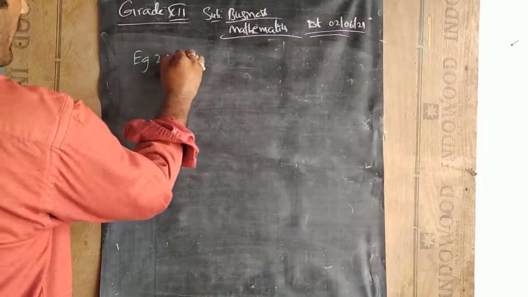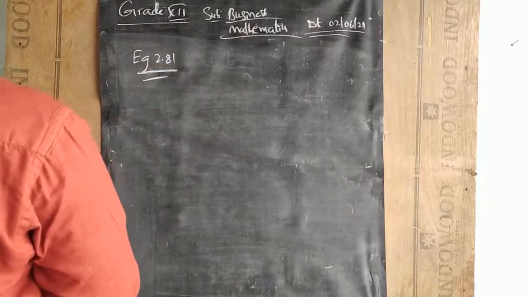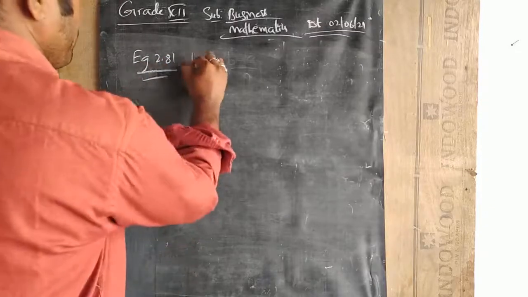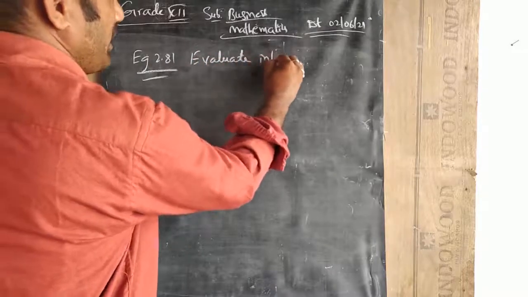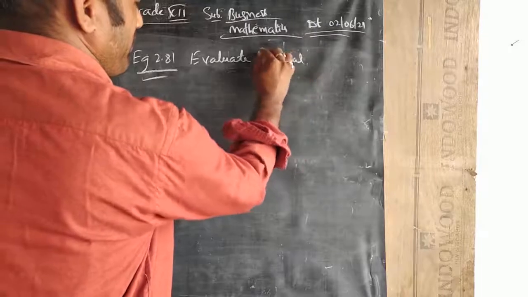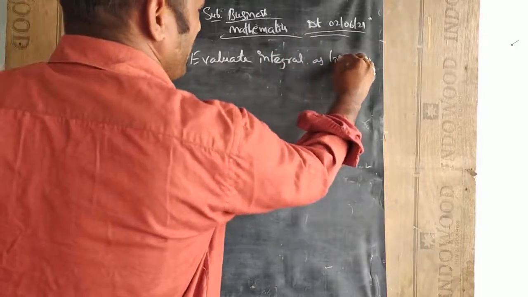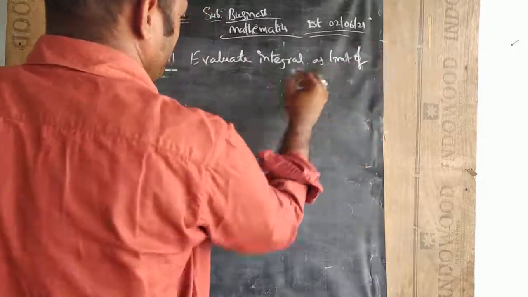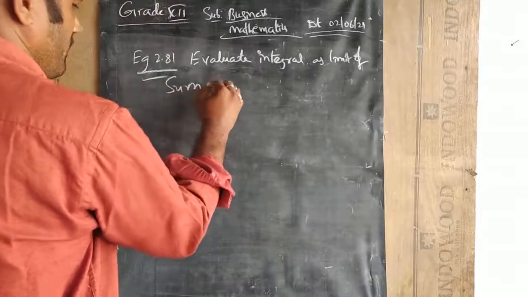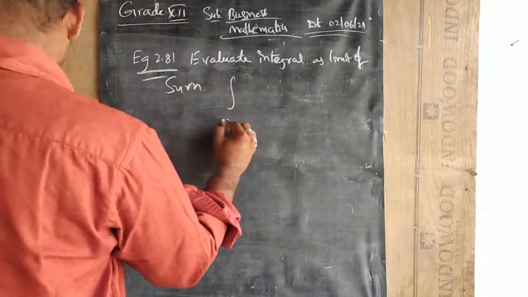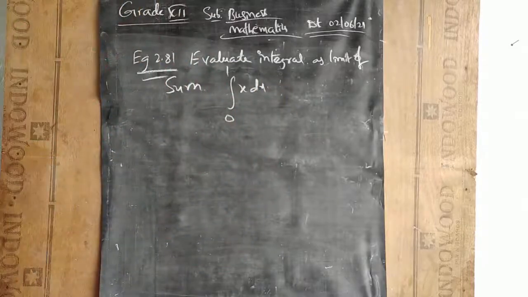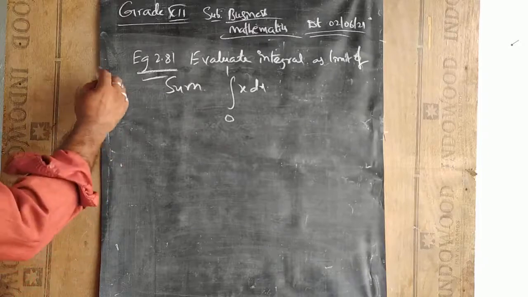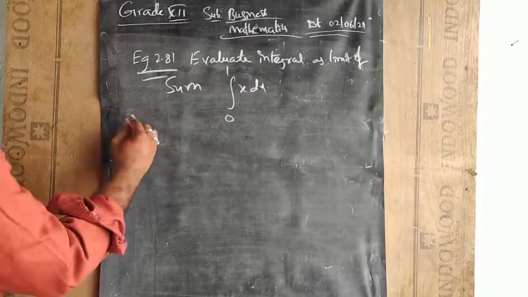Example 2.81. Evaluate the integral as the limit of a sum. What is the integral? Integral 0 to 1 x dx. What is the formula that we are going to apply here?